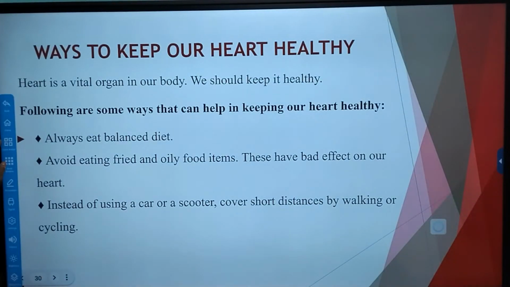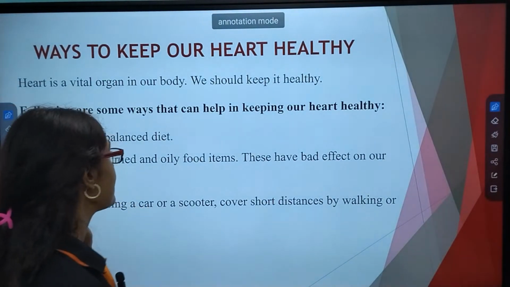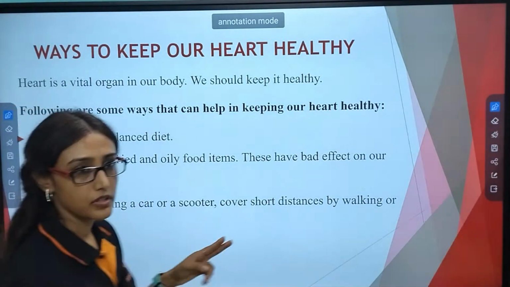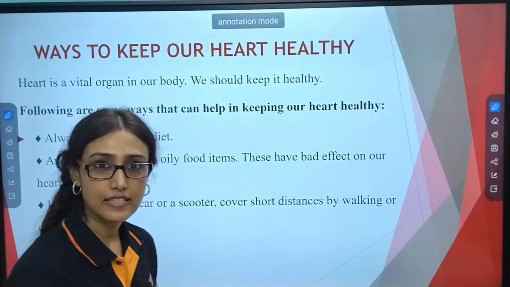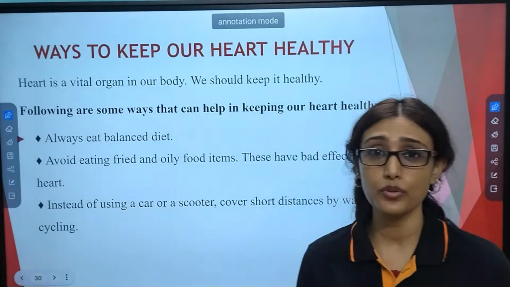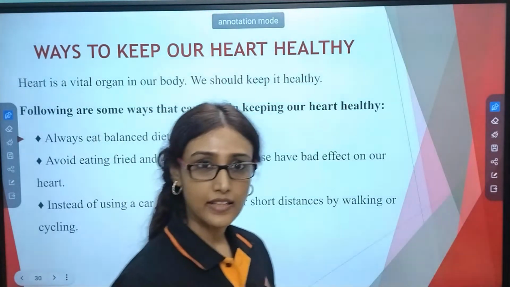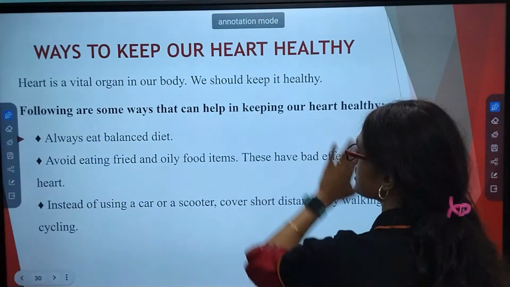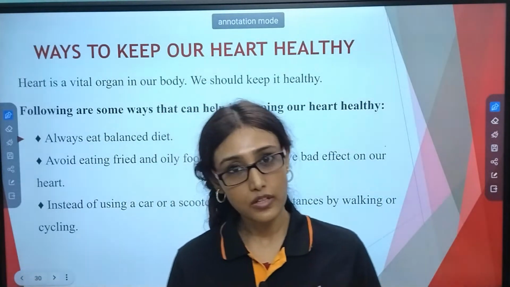Okay, I have just shown you that you should avoid oily food, you should eat well, you should sleep well, you should do exercise and quit junk food, do not smoke, and do not eat too much fatty food. Okay, if you restrict all this, then it will be better for your heart.